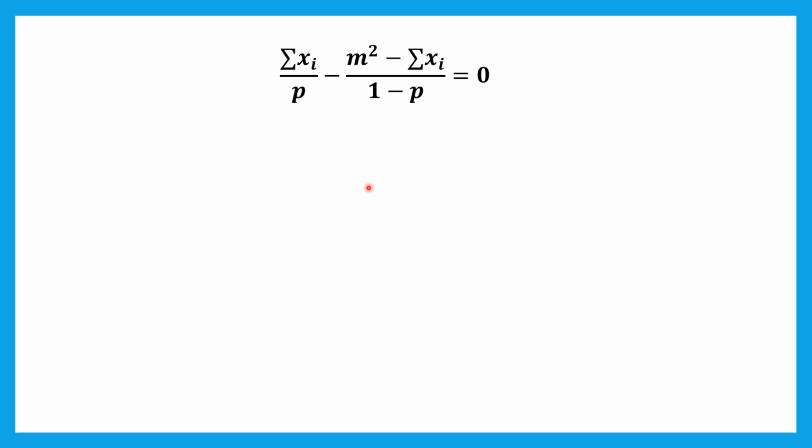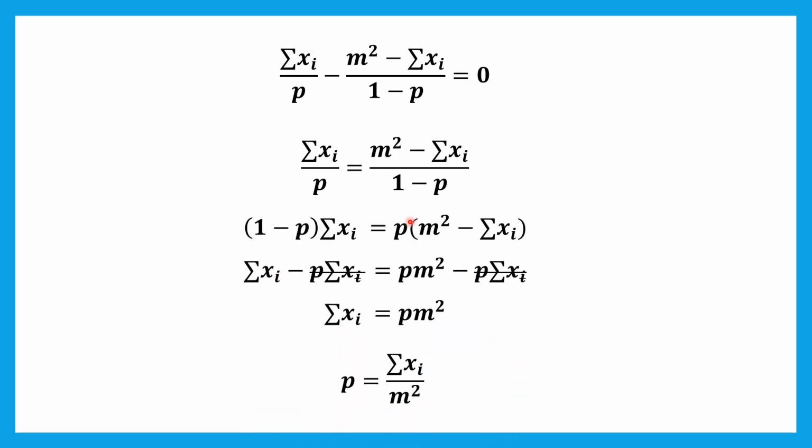So we have summation xi over p minus m square minus summation xi over 1 minus p is equal to 0. Taking the second term on the right hand side and cross multiplying, we get 1 minus p into summation xi equals p into m square minus summation xi. 1 minus p multiplied by summation x becomes summation xi minus p summation xi, and p into m square minus summation xi becomes p m square minus p summation x.